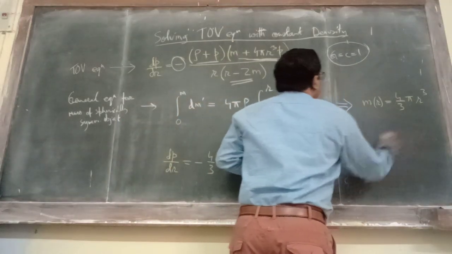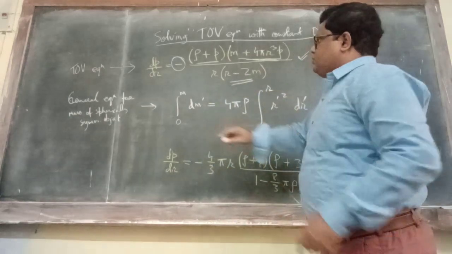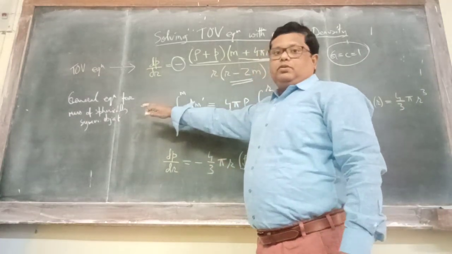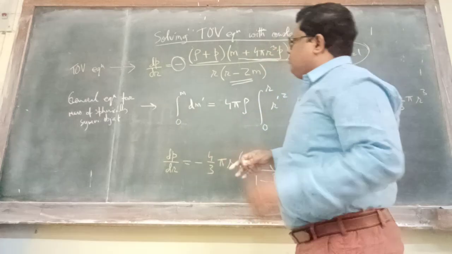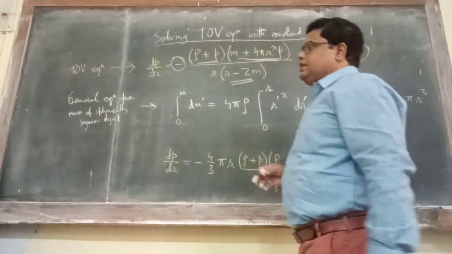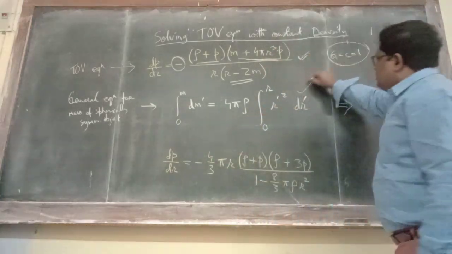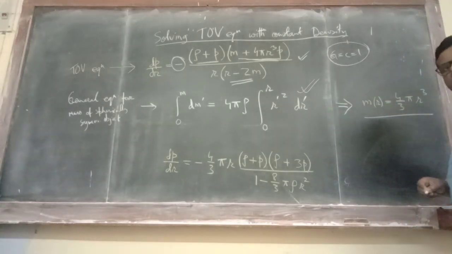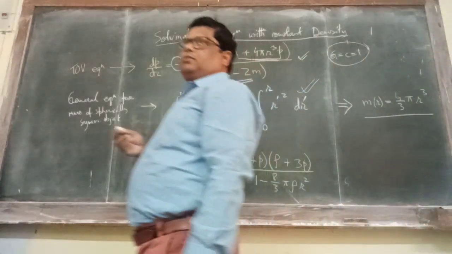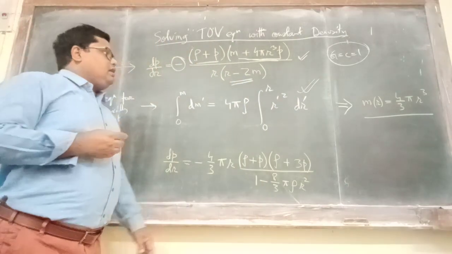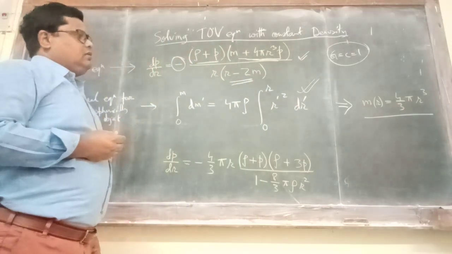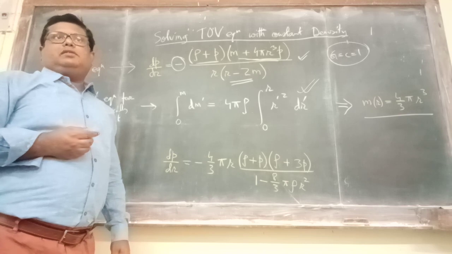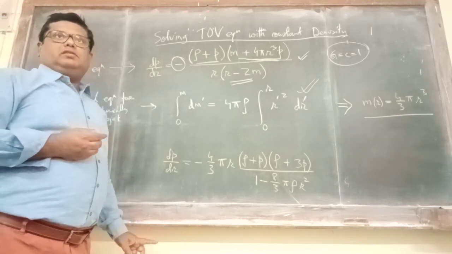You see, the most general equation for the mass of a spherically symmetric object is this equation. Now if we solve this, we get this very basic result: M of r equal to 4 by 3 pi r cube. Is there anything wrong with it?